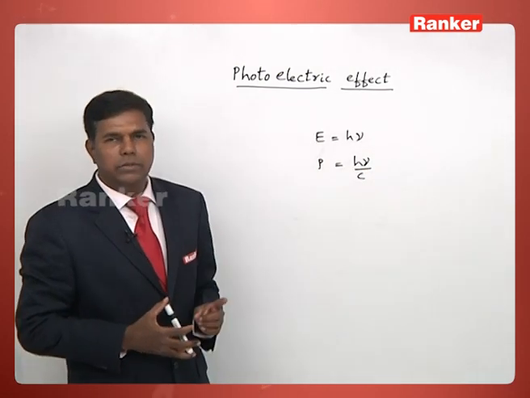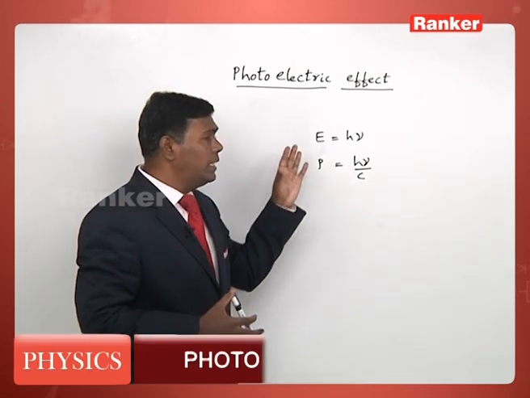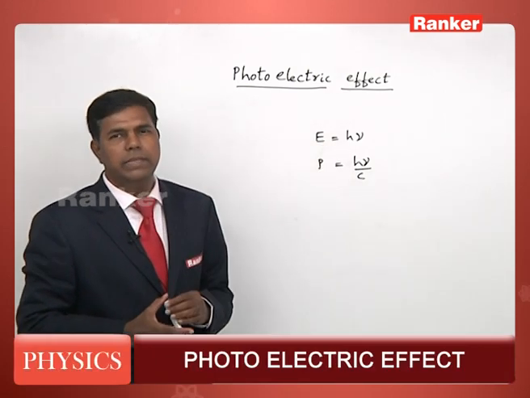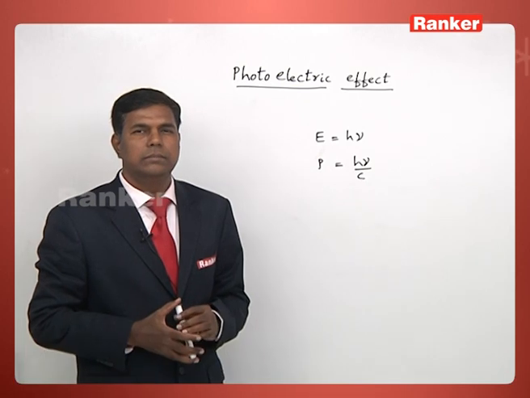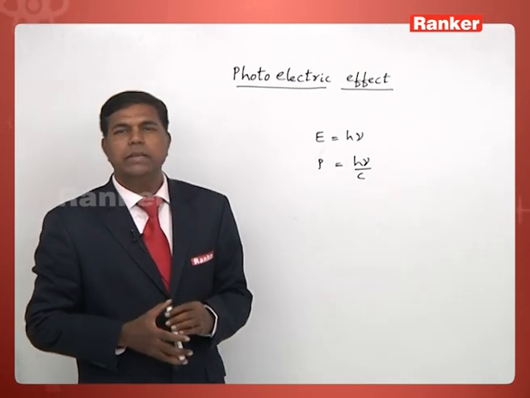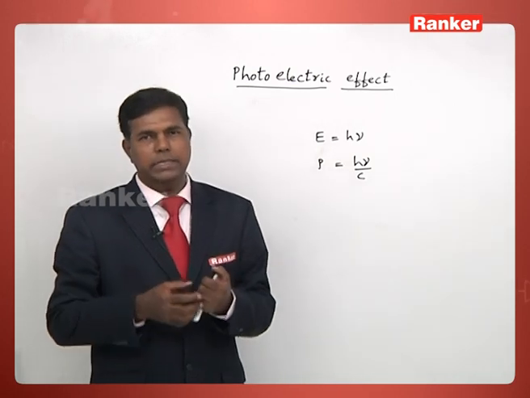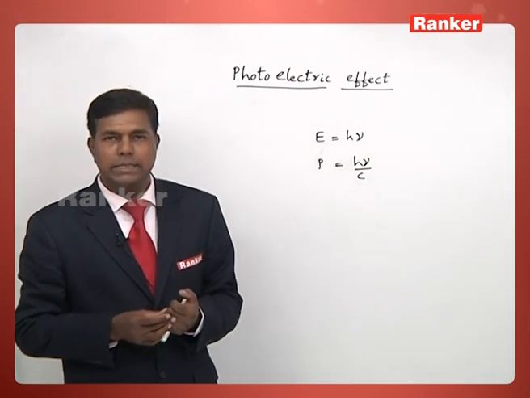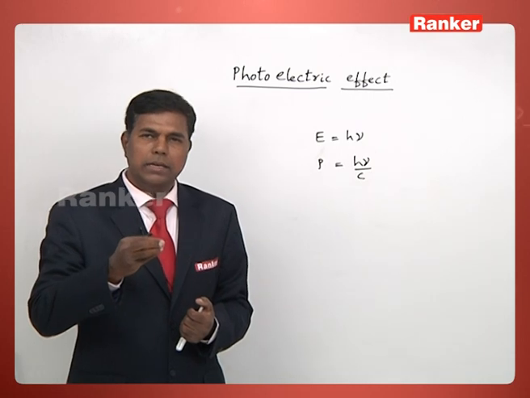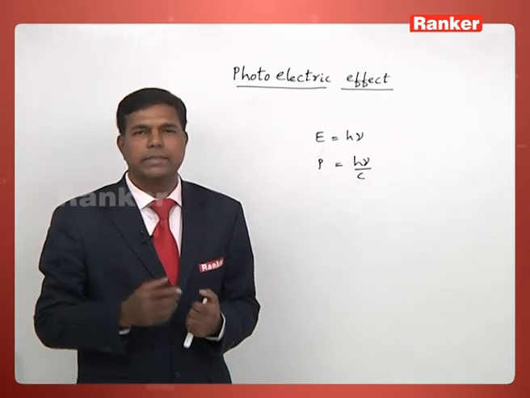See, the energy of a photon is h nu, which implies that the energy depends purely on the frequency of the radiation and it is independent of the intensity of radiation. For example, if you increase the intensity of radiation, the number of photons in the radiation increases.